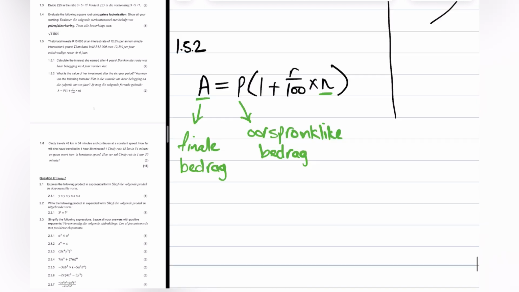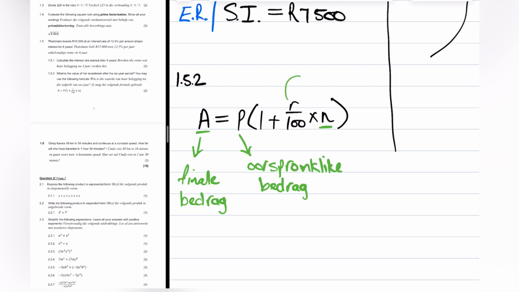En dan natuurlik hierdie R hierso is die rentekoers. En natuurlik het ons gesê N is die aantal jare.